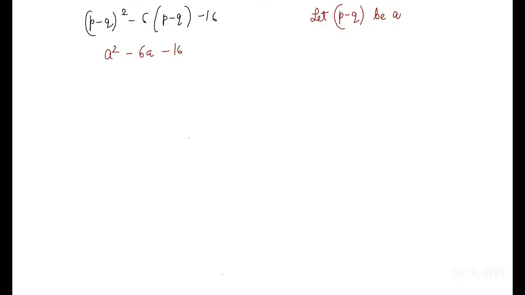It's basically the question only, but I assume that p minus q is a. So p minus q is basically a, so it becomes a square minus 6 into (p minus q). Again, p minus q is there, so instead of p minus q, I just wrote a minus 6. So now you have to do the middle term splitting, and in the end, you just substitute the p minus q again.